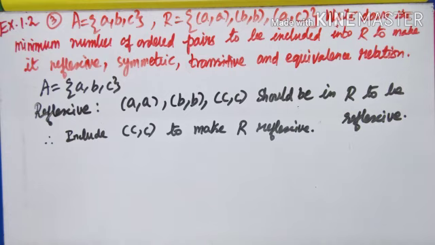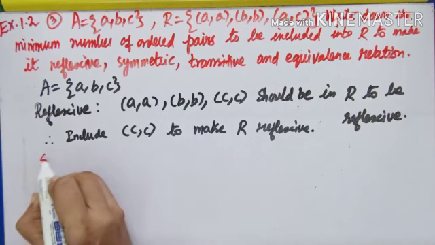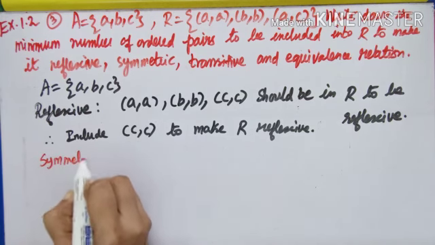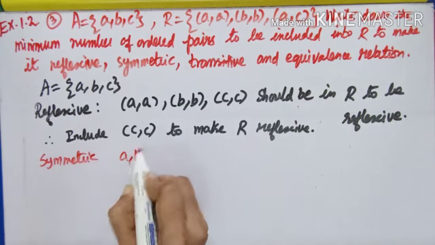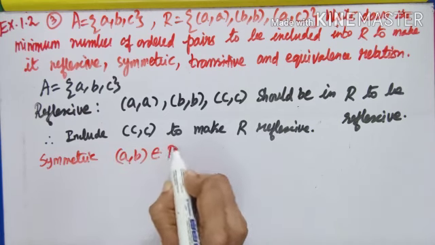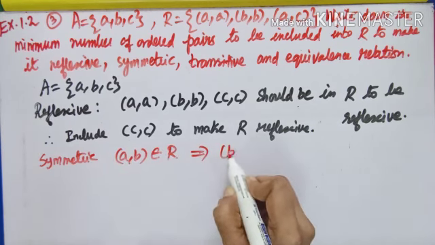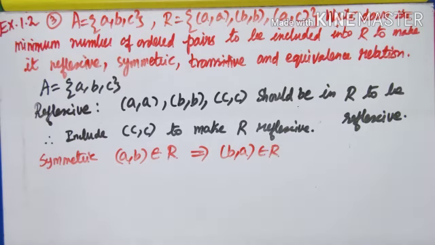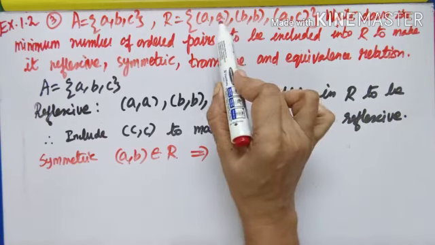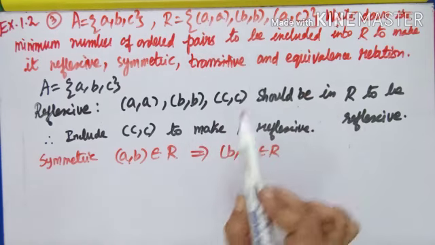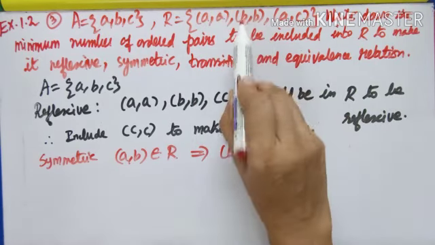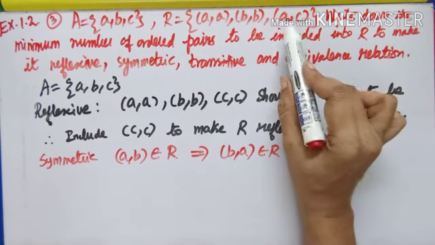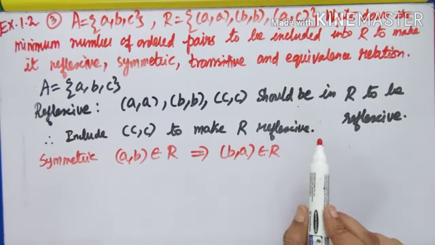The second idea is symmetric. Symmetric implies (a, b) belongs to R implies (b, a) belongs to R. Check in the question now. (a, a): the reverse (a, a) is present. (b, b): the reverse (b, b) is present. What is the third one? (a, c).